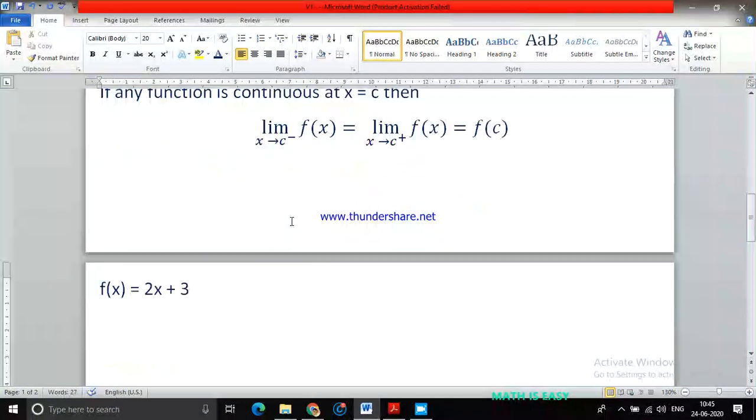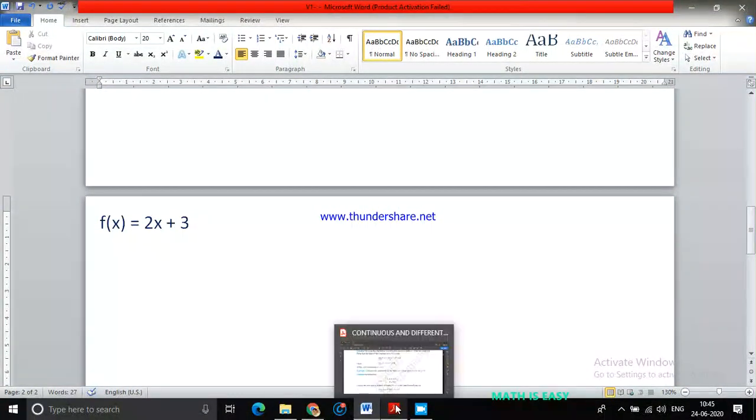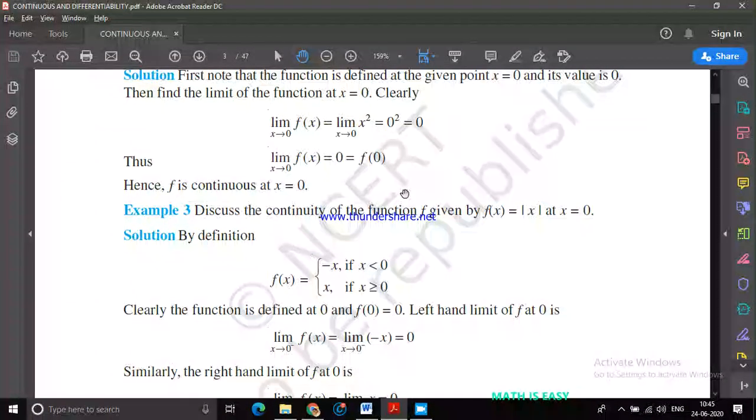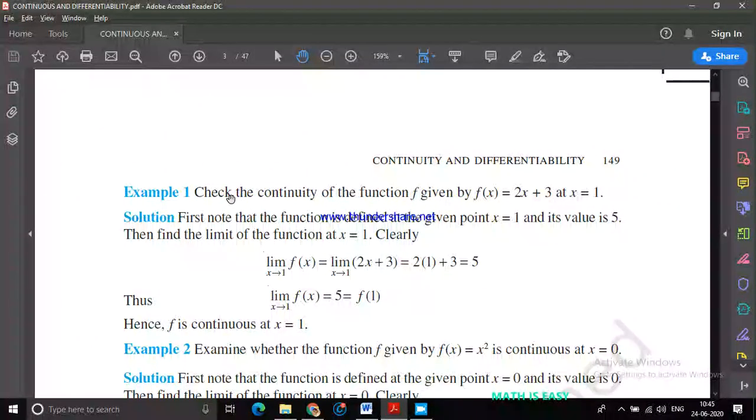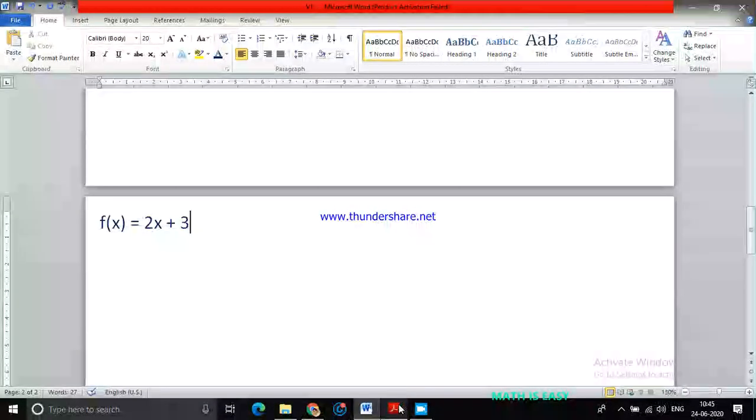But in this example, they did not mention anything. Check the continuity of f of x equals 2x plus 3 at x equals 1. So whether it is left of 1 or right of 1, the function is going to remain the same. Even at x equals 1 the function is the same.